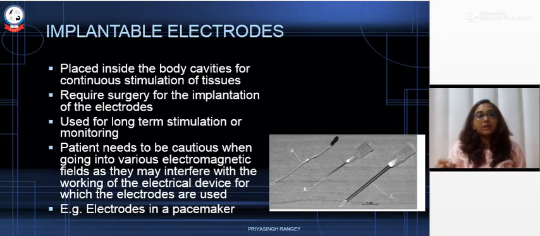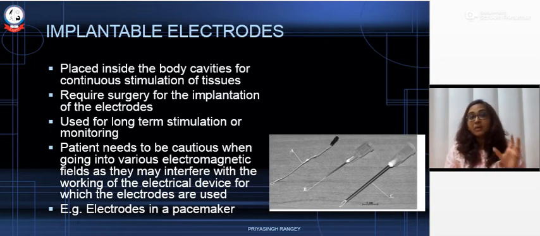So you can localize that point and place the electrode over that precise point which you need to stimulate. But in order to implant these electrodes, you need to perform a surgical maneuver. And usually it is done when the patient requires some long-term stimulation or long-term monitoring.